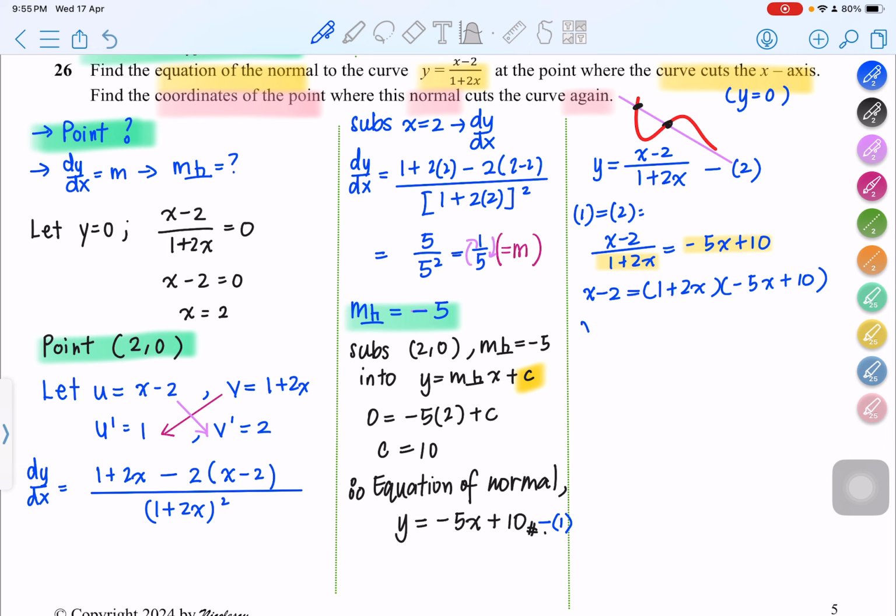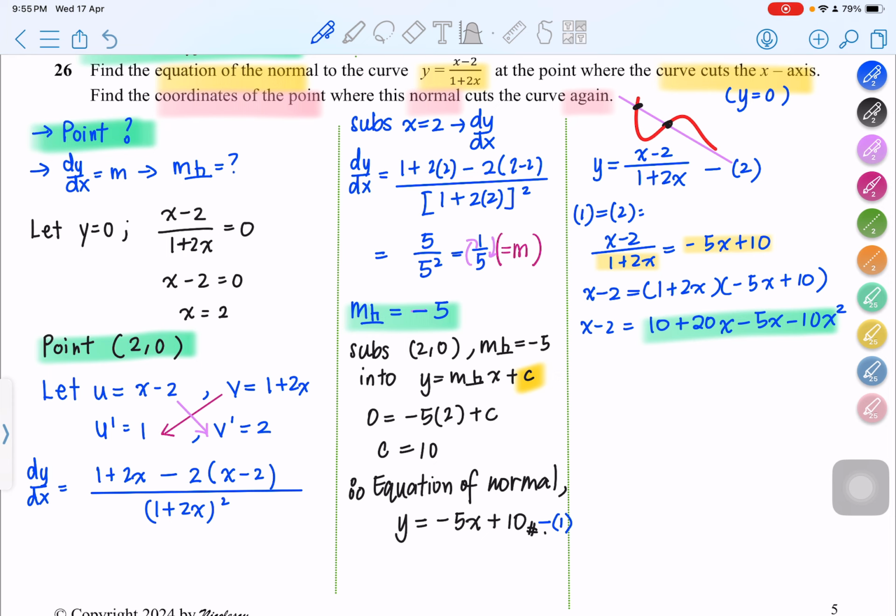From here I start to do my expansion. What I get is 10 plus 20x minus 5x minus 10x squared. Rearrange everything from the right hand side to the left hand side.